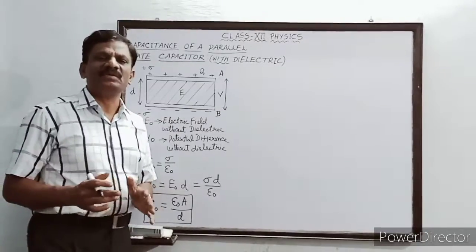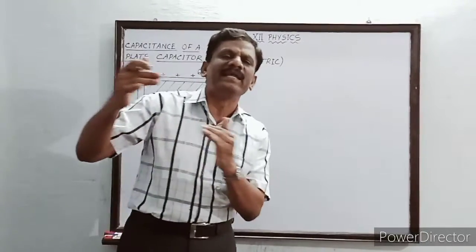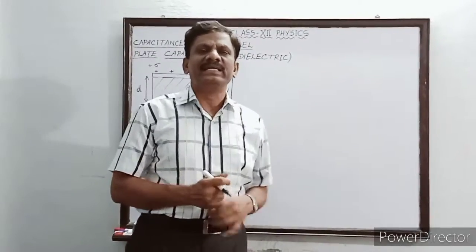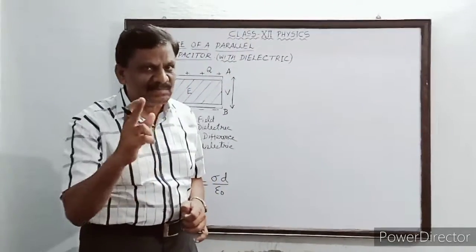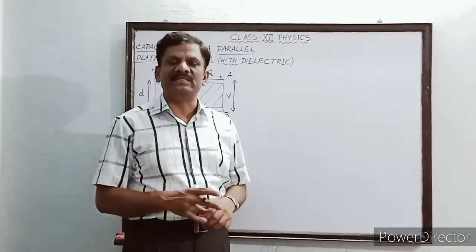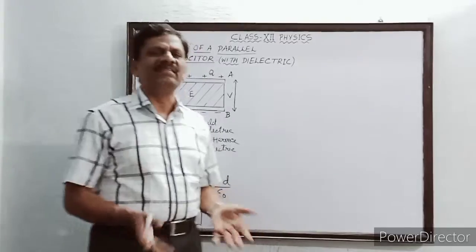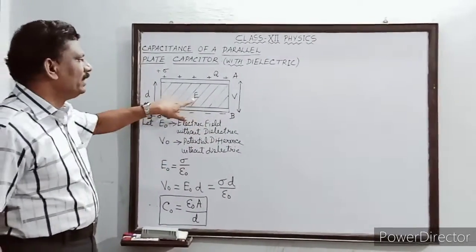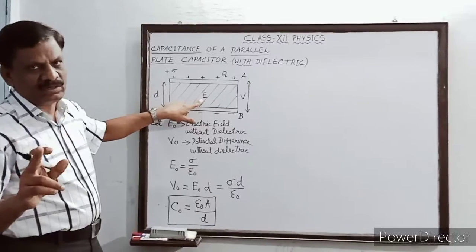This is the capacitance of the parallel plate capacitor in the absence of a dielectric. Now, when I introduce a dielectric material medium between the two plates, the electric field cannot have the same strength. The strength of the electric field will actually decrease. So the new electric field is denoted with the symbol capital E, so E is not equal to E naught.